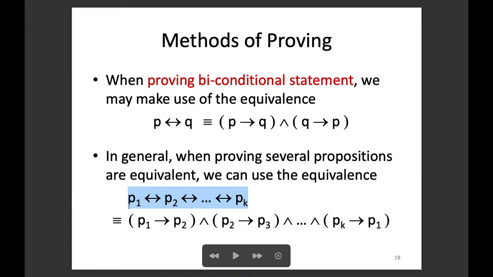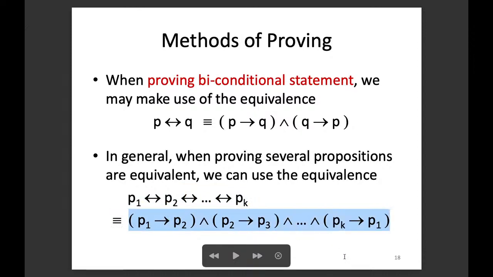Now, just by showing the latter part, the second part here, to be true, it is enough to show that any two of them are equivalent. The reason is that we can use the hypothetical syllogism. Suppose that I want to show that P1 and P3 are equivalent. But what we know is just this part.